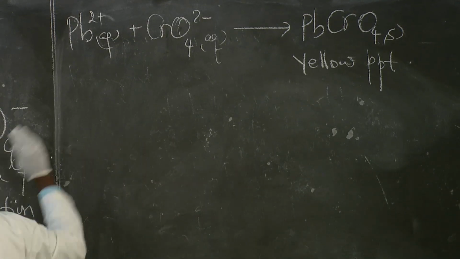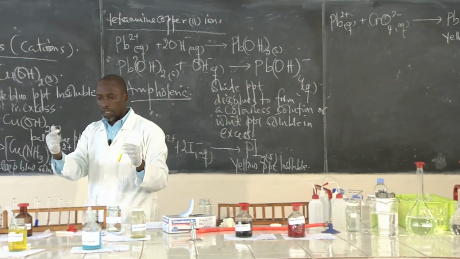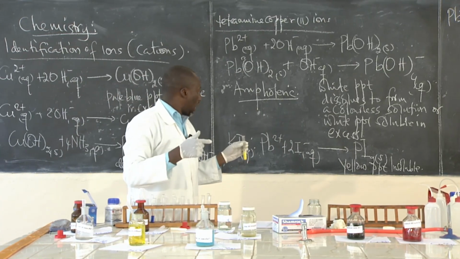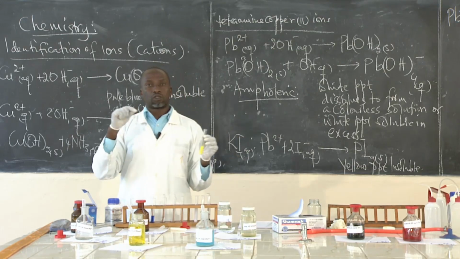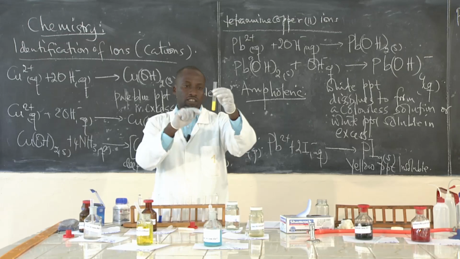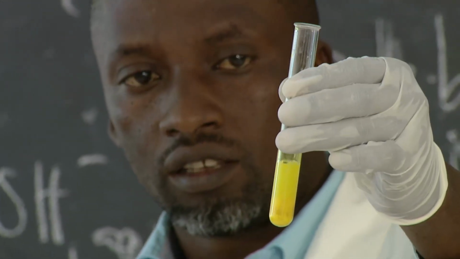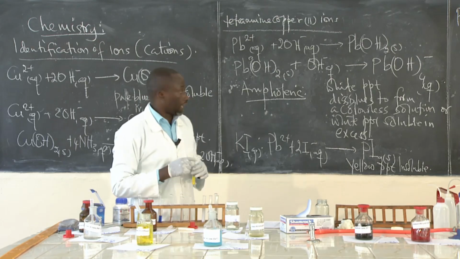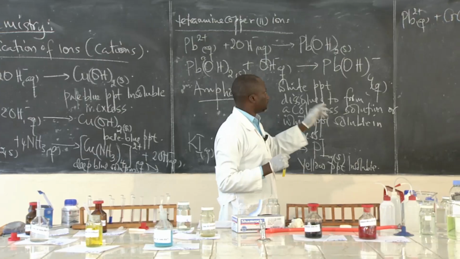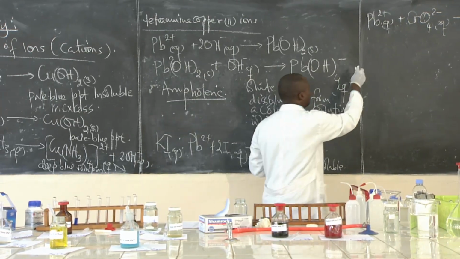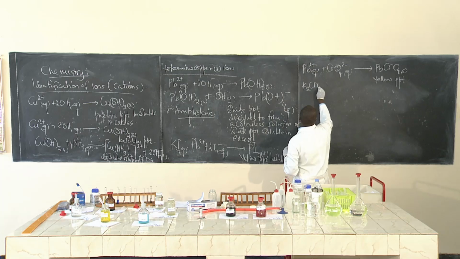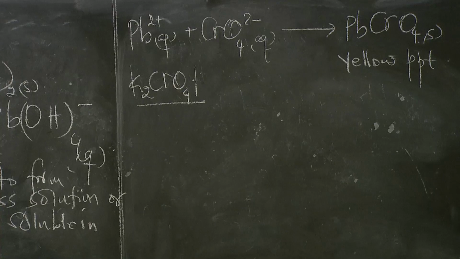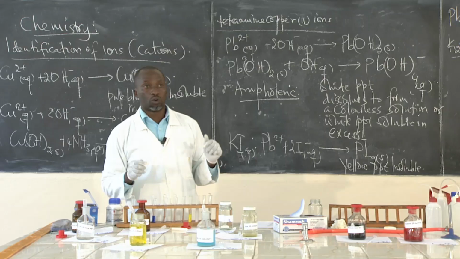So either potassium chromate or sodium chromate, any solution that contains chromate, when you add it to the ions of lead, you get this very interesting yellow precipitate. So these two reagents, potassium iodide and potassium chromate, are used to confirm the presence of lead 2 ions.